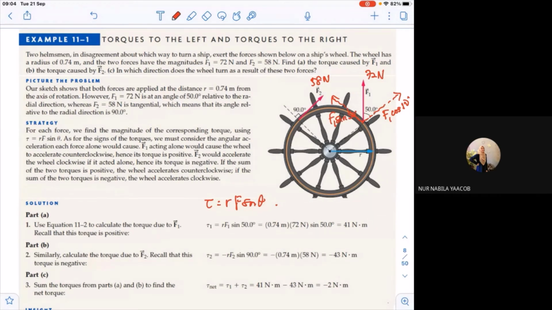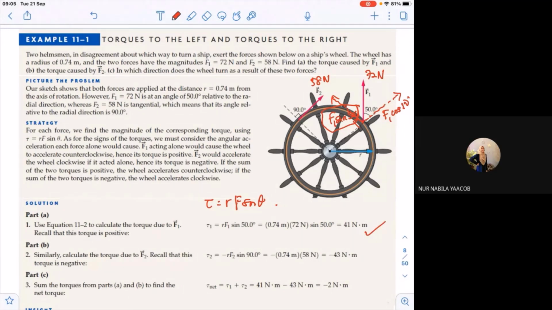The one that we should consider is the component of force that is perpendicular to the lever arm. So R F sine theta: 0.74 times 72 sine 50, and you will get 41 Newton meters.